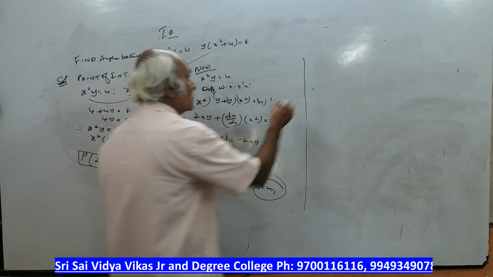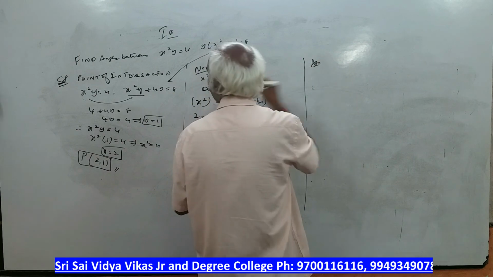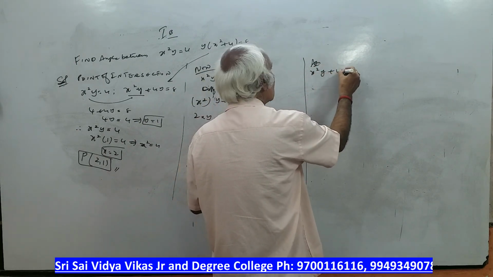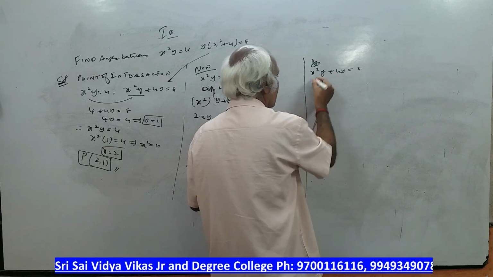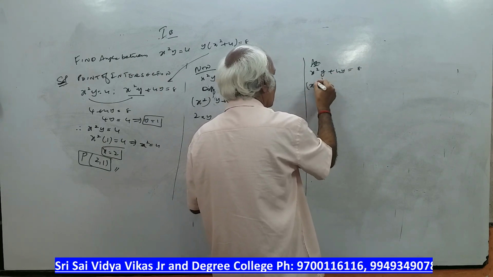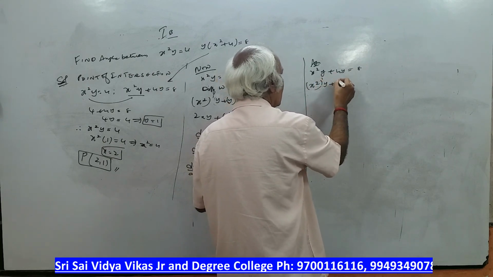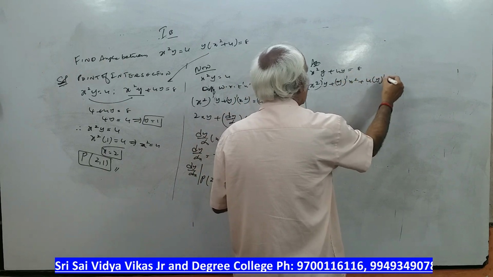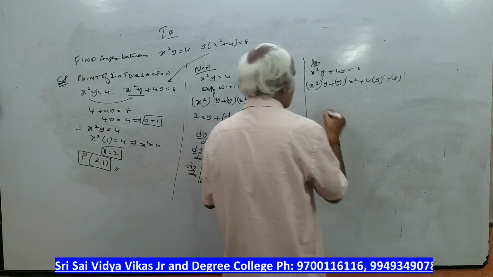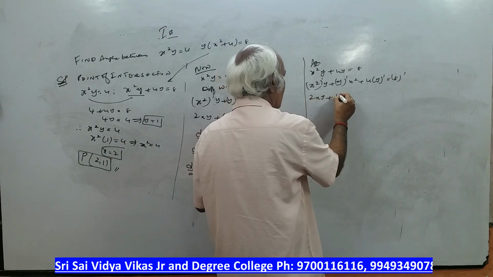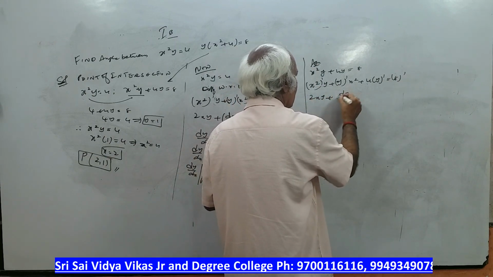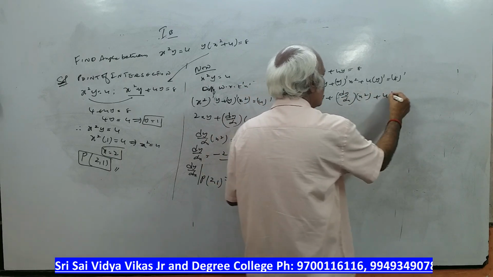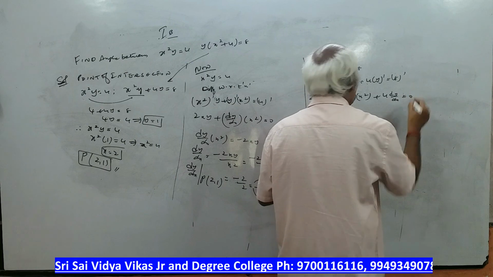Okay, again, the second one. Observe here. x square y plus 4y is equal to 8. Its derivative: x square derivative into y plus y derivative into x square plus 4 into y derivative is equal to 8 derivative. So 2xy plus dy by dx into x square plus 4 into dy by dx is equal to 0.